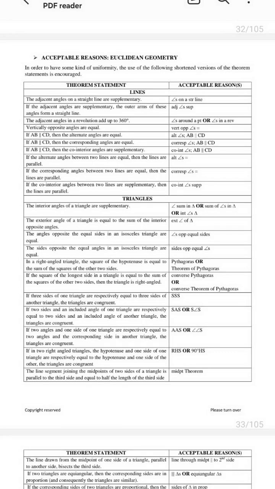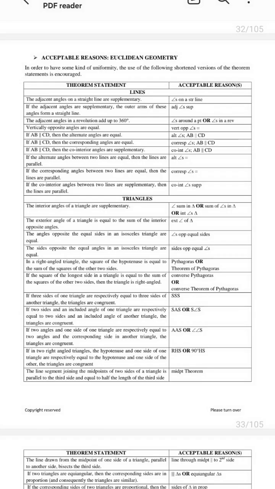I want you to look at the very first statement there, okay? Or first and foremost, let's look at this. If you look at the top there, this says acceptable reasons, Euclidean geometry. And then if you look at the note before we get into the table, it says in order to have some kind of uniformity, the use of the following shortened versions of the theorem statements is encouraged.